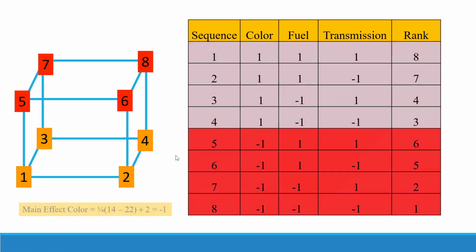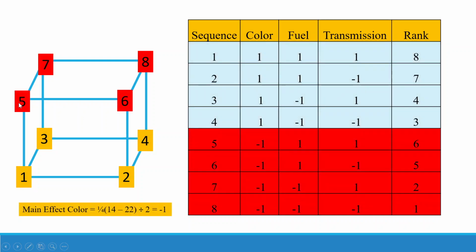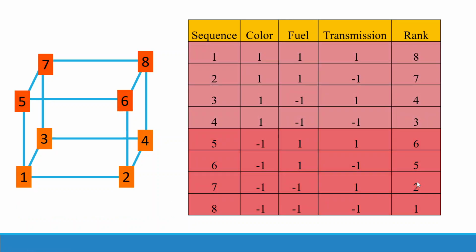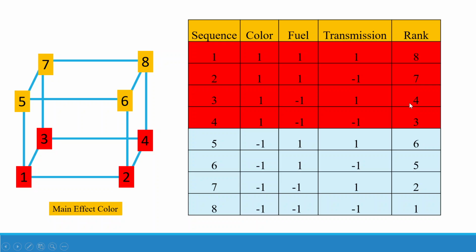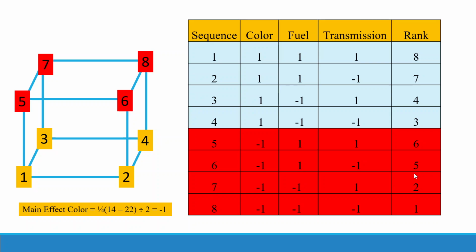Then we will take the next profiles 5, 6, 7, 8. Here color is minus 1, minus 1, minus 1, minus 1, and their summation. So what will be the summation of 8 plus 7 plus 4 plus 3, and then the summation of 6 plus 5 plus 2 plus 1. So 1 by 4 into bracket 14 minus 22 divided by 2 is minus 1.